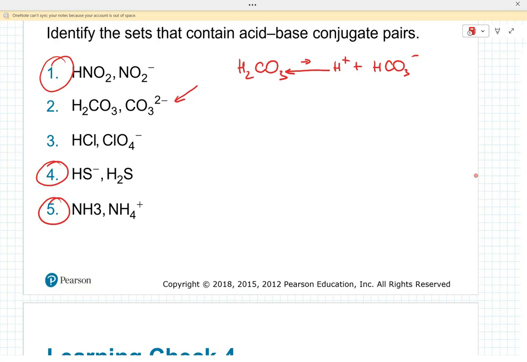In order to do this reaction, this is practically impossible. It happens to a very small extent. So if you ask me, no for number 2.